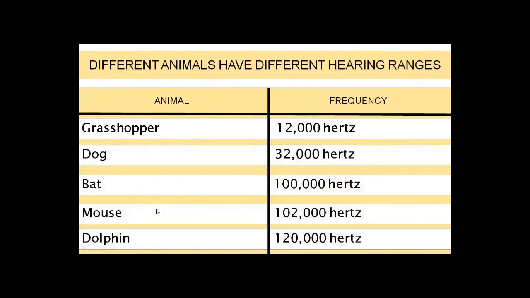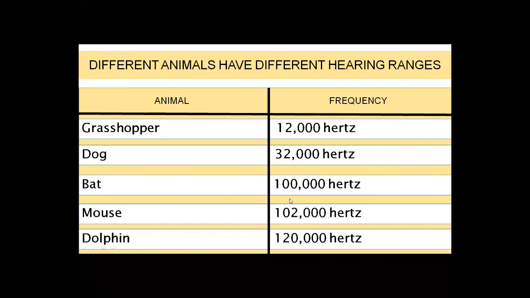Okay, students, different animals have different hearing ranges. What are they? Grasshopper has 12,000 hertz and the dog has 32,000 hertz.